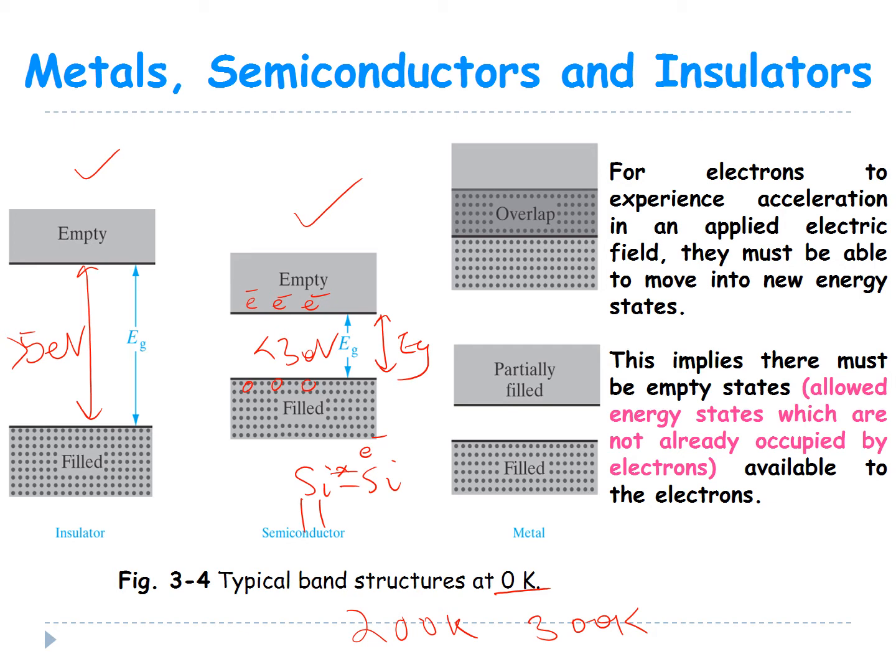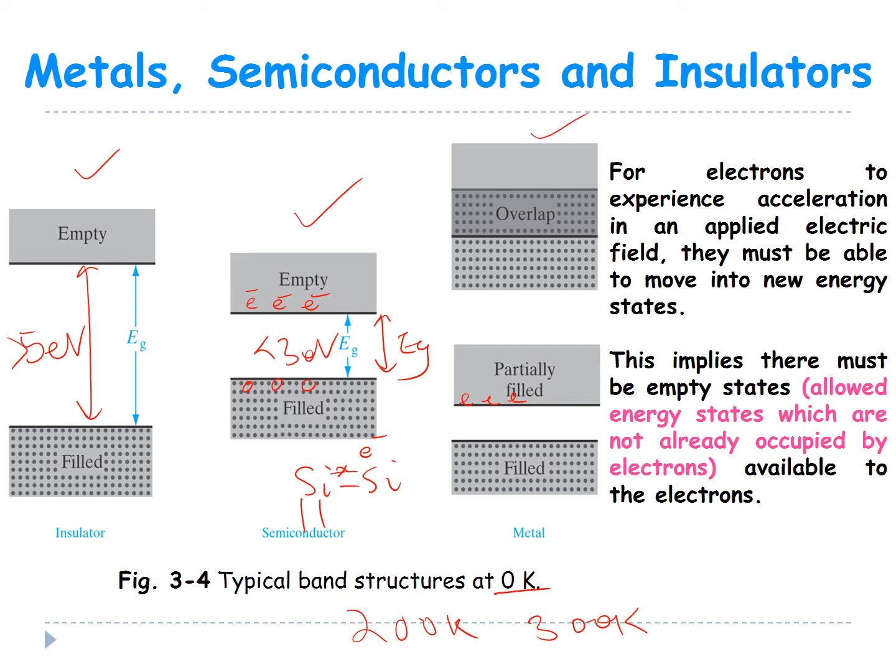Now, the metal is different in that you always have electrons in the conduction band. So you can see here at 0 kelvins you've got the metal having a partially filled conduction band, which means it's always ready to conduct electricity. Another model of a metal is when the covalent band actually overlaps with the conduction band, as you can see here.